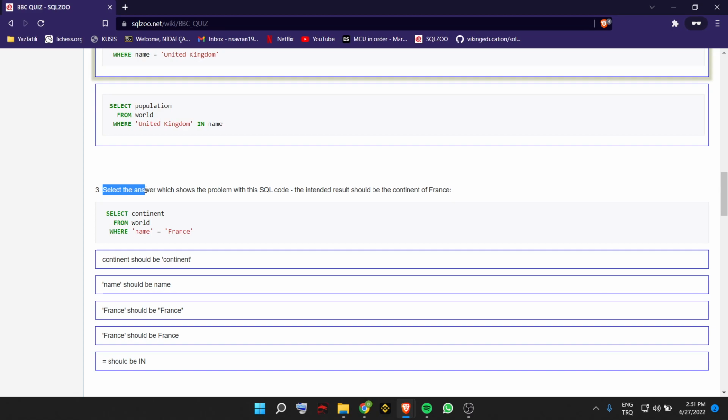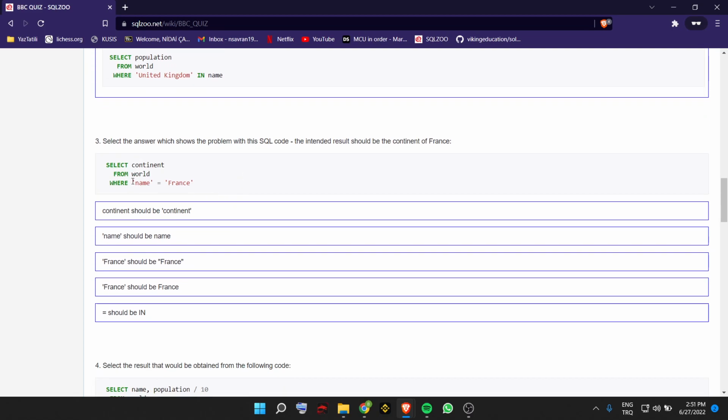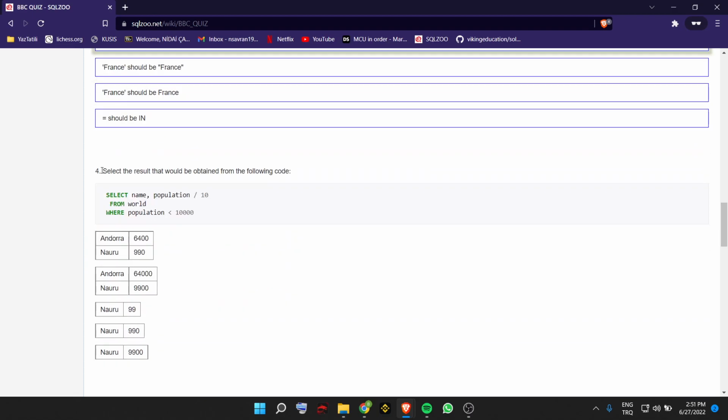Select the answer which shows the problem with the SQL code. Name is a parameter, not a string. Select the result that would be obtained from the following code. We will print name and the population divided by 10 from world where population is smaller than 10,000.